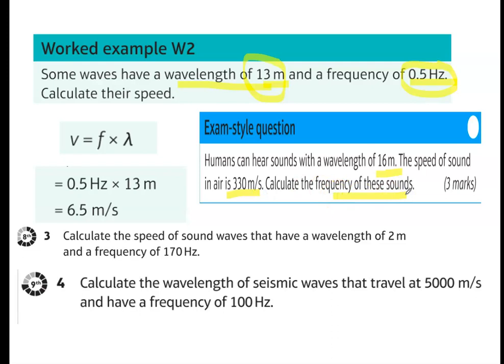Because this question involves frequency, you have to recall the equation where speed is frequency times lambda. So in summary, this topic is about recalling two formulas. Wave speed is distance divided by time, or frequency times lambda or wavelength.